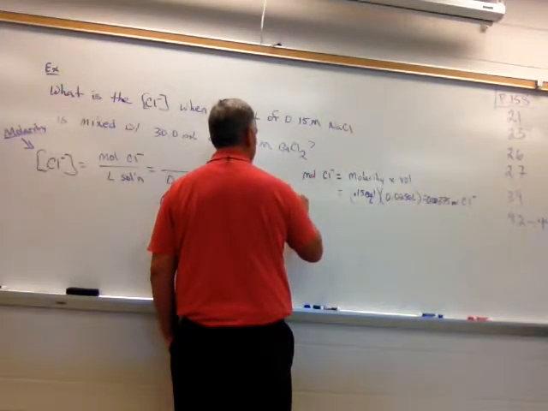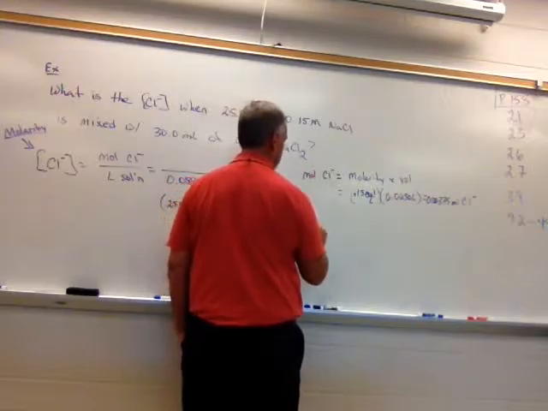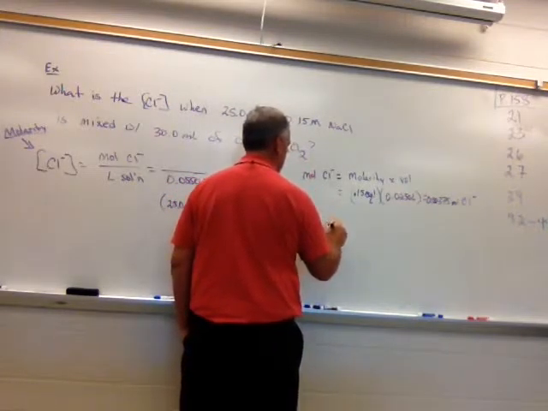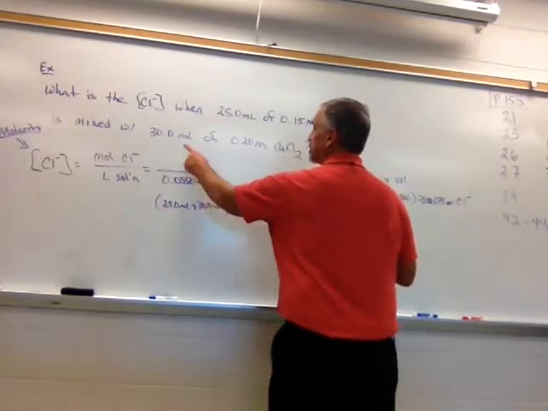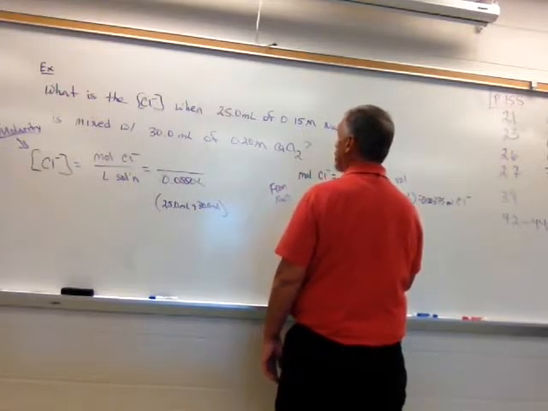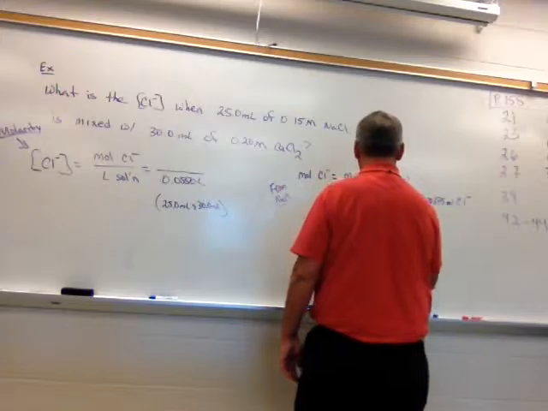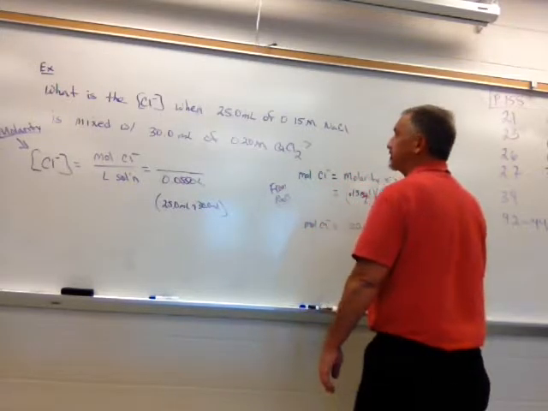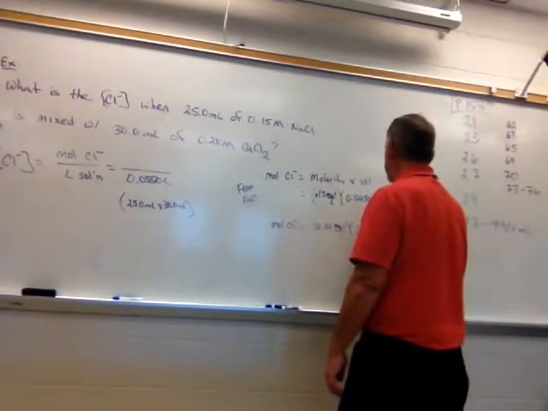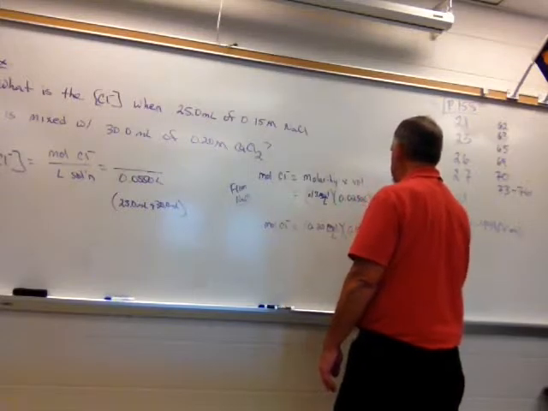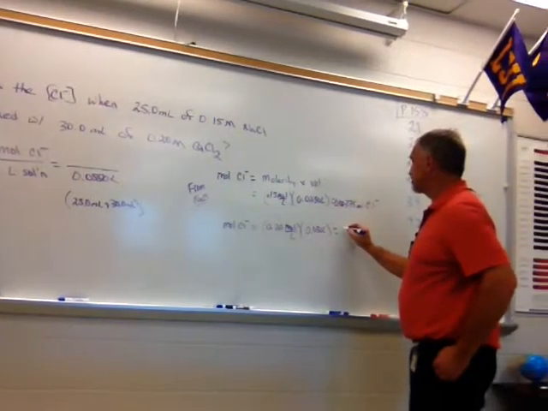So what do I do for the CaCl2? It's going to equal the molarity, 0.2 molar, times 0.030 liters. And that's going to come out to 0.006.